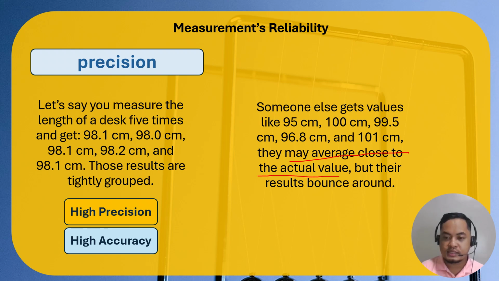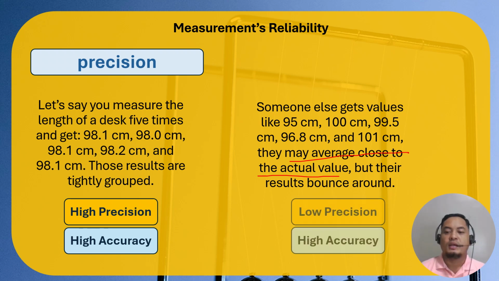So in that case, it's accurate, right? It's accurate because it's close to the actual value. The average might be close to the actual value, but the results bounce around. So it's not tightly grouped. This situation shows low precision and high accuracy.